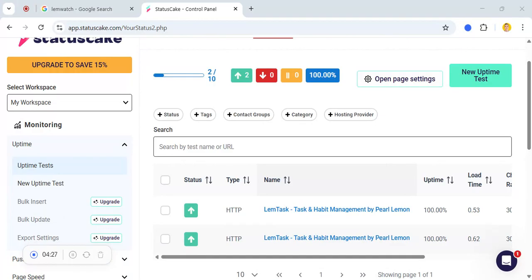Next, we look at ignoring performance monitoring. Some teams only care about uptime alerts, but slow performance often leads to downtime-like experiences for users. This happens because teams focus only on site down alerts rather than performance trends.